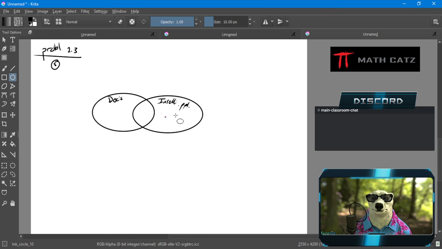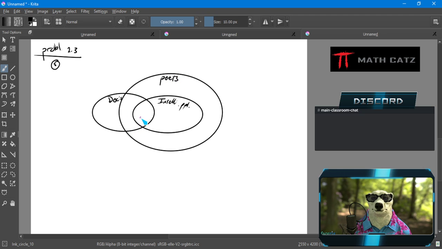Now, regardless of my choices of where to put the poet circle, I have to put it around the intelligent people. So regardless of where I put it, it's going to overlap with the doctors.